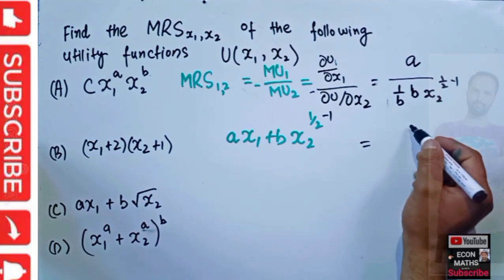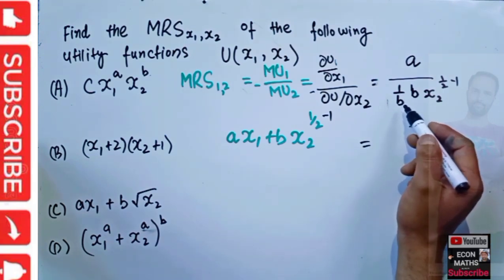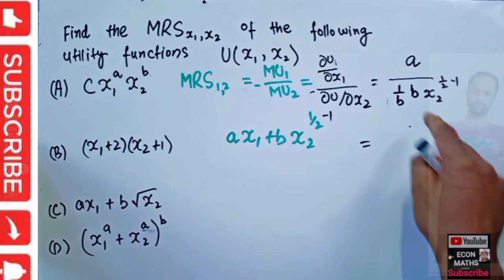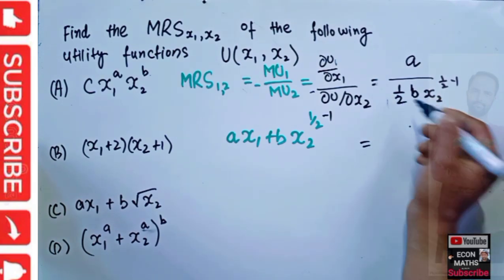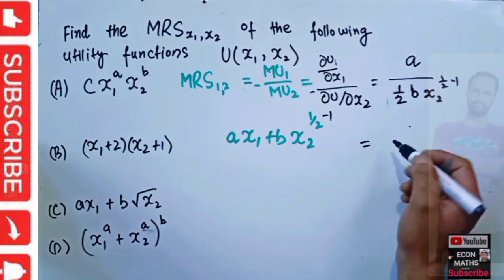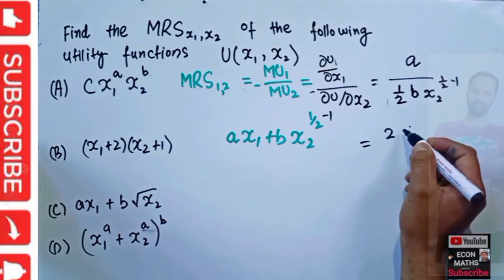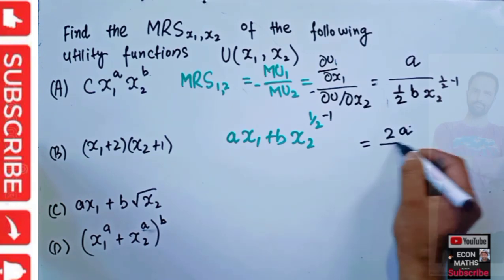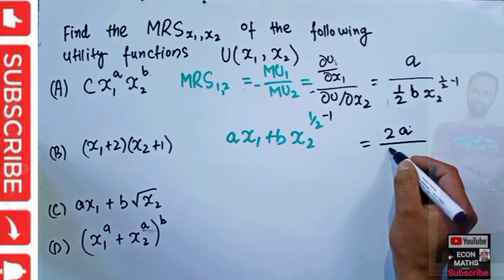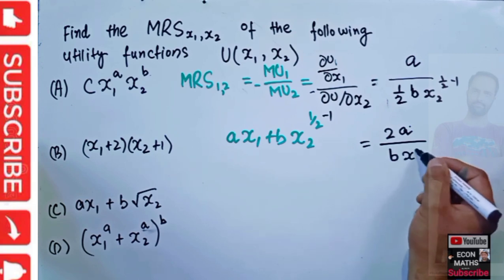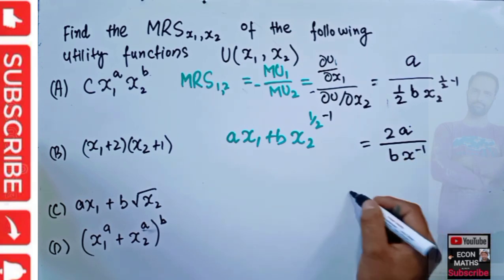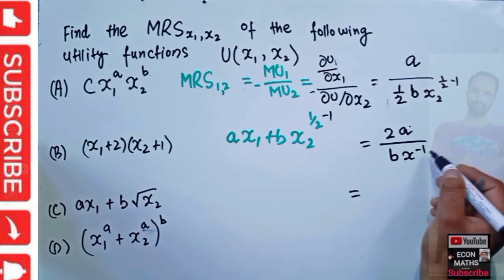Solving this, here we have actually this 1 upon 2, sorry for the mistake. So if I transpose it, it will become twice a divided by b x raised power minus 1, which comes out to be minus 1 upon 2.